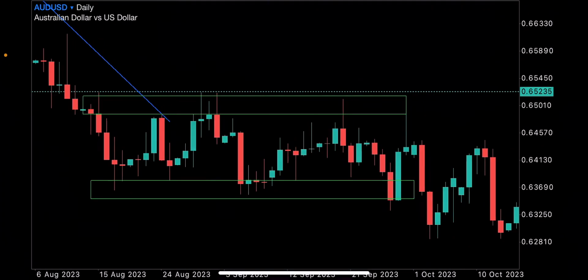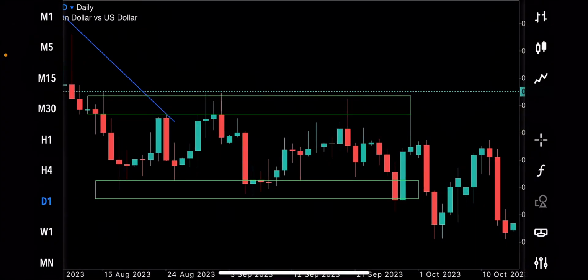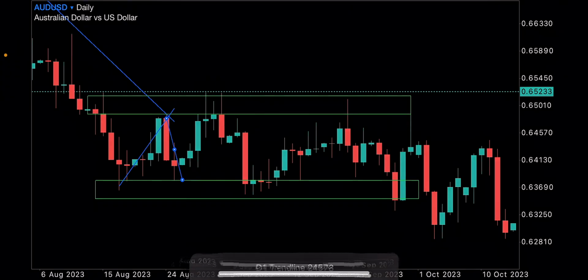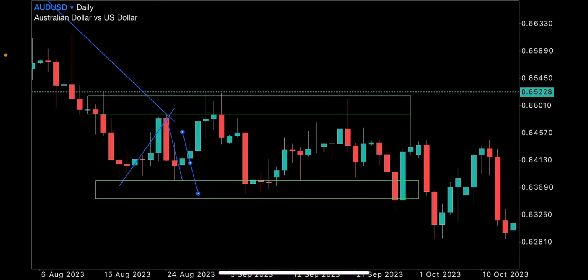After marking our ranging zone like this, as you can see, the market went up, came back down, and went back up again.